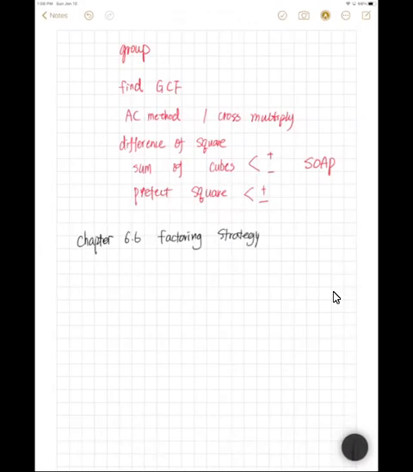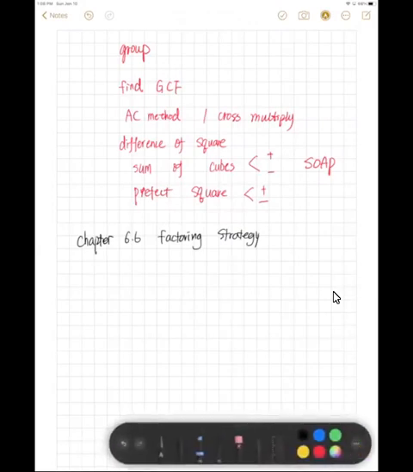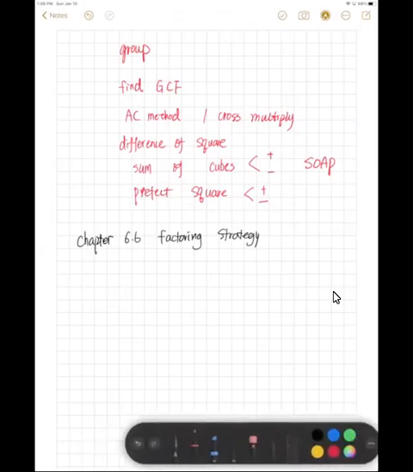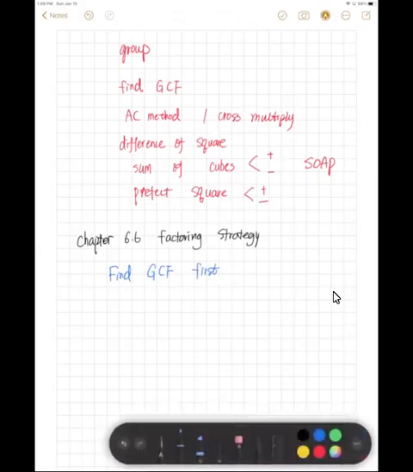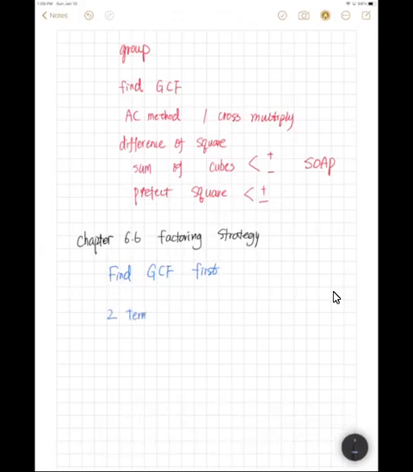Okay, do you remember the last example that we talked about in last classes? We always what? Find or factor out the greatest common factor first. Okay, if we see something that has two terms, we will what? There's only two options for us.